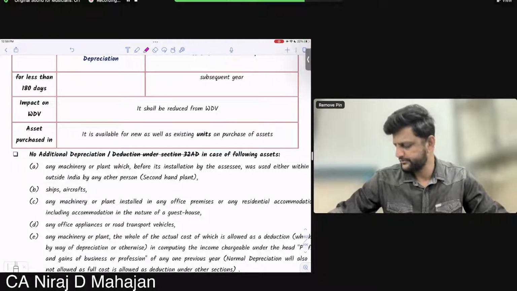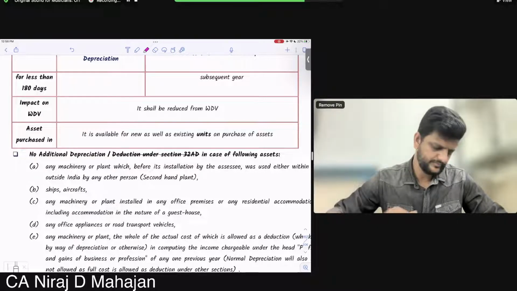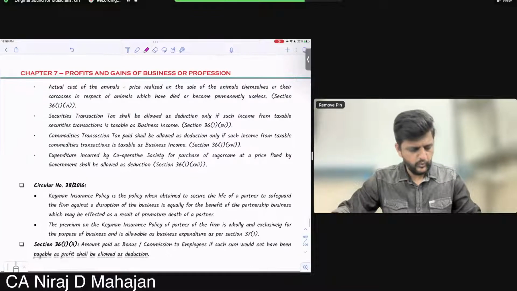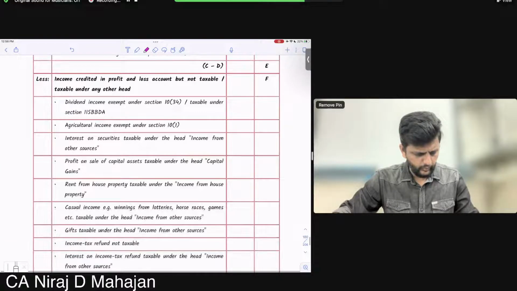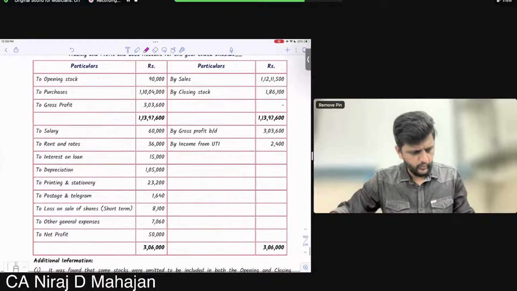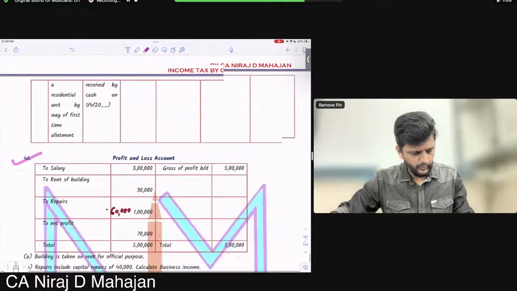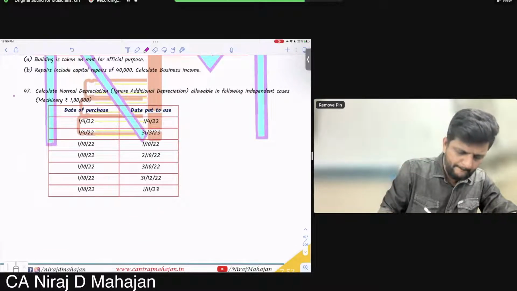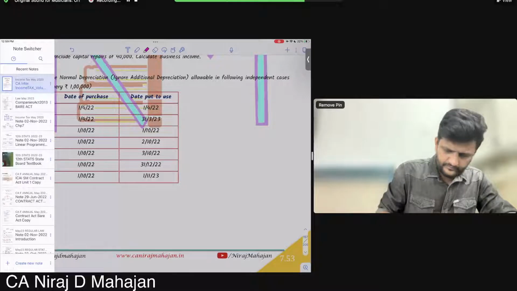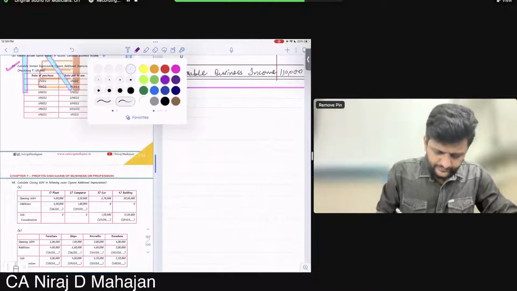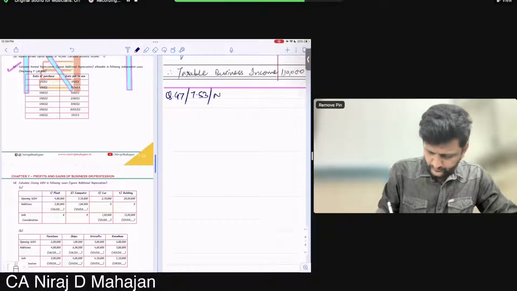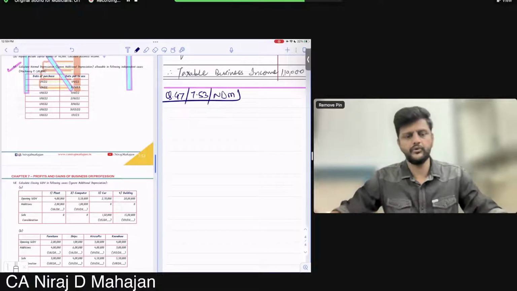Come to question number 47. Keep a pencil or a scale on this page, and come to question number 47. Ready?